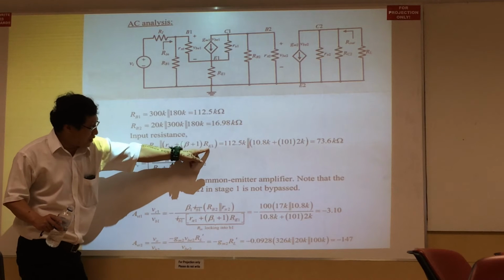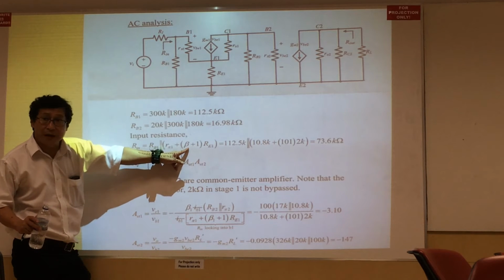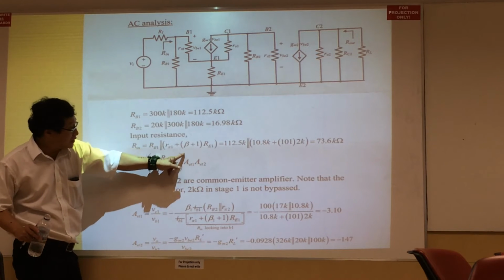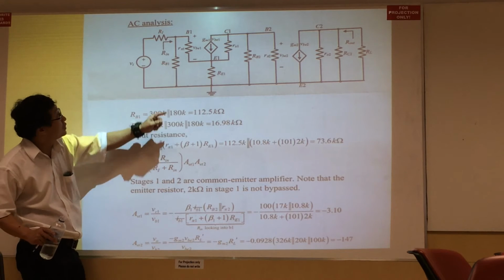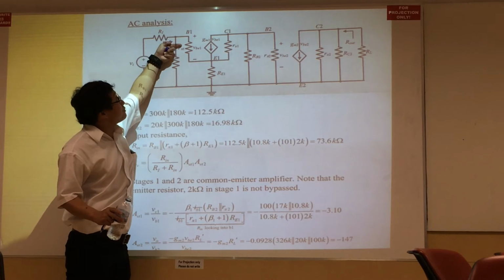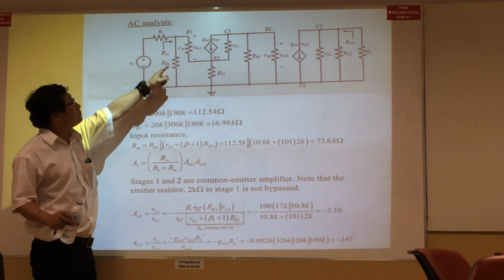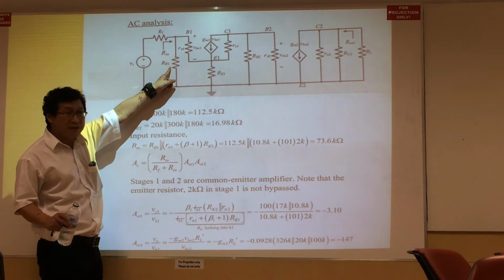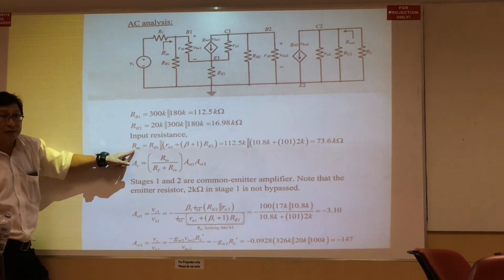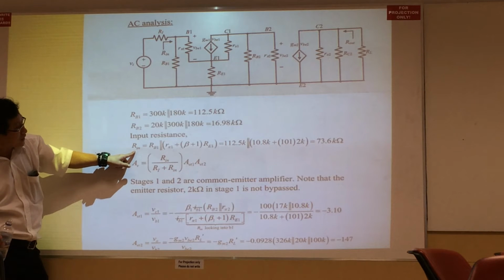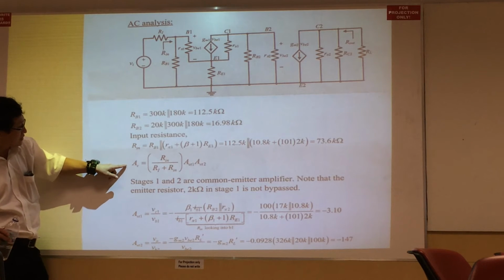RE, when you refer to the base, you multiply by beta plus 1. Sum it up with your R pi and that gives you your Rin prime looking in. So Rin prime in parallel with RB1 gives you your Rin. And therefore you get the value to be 73.6K.